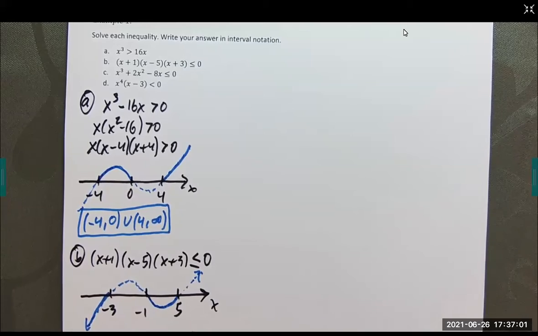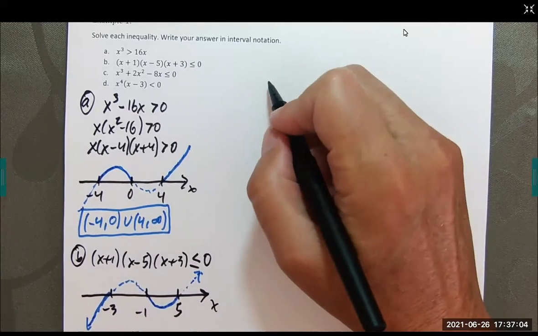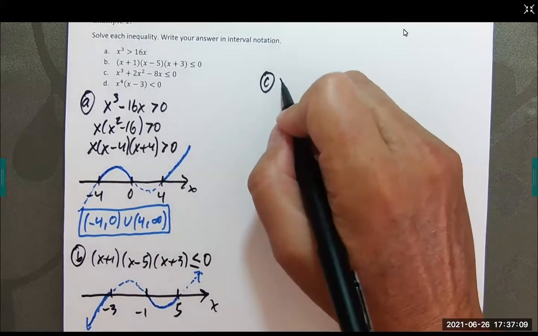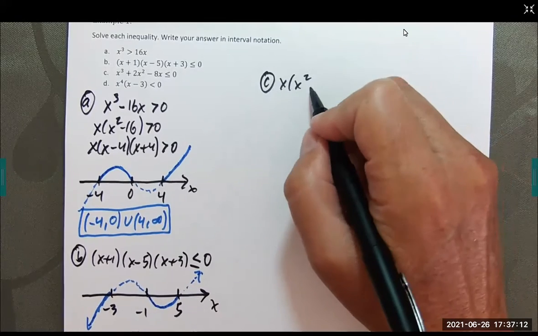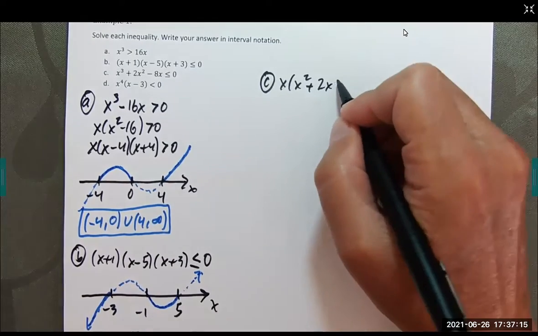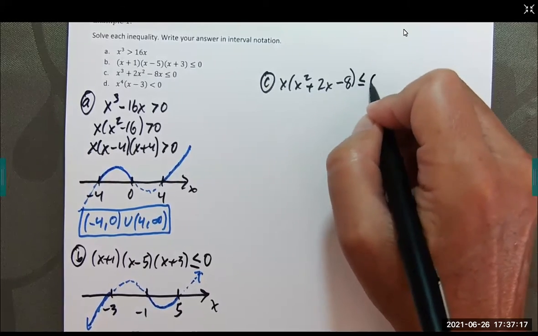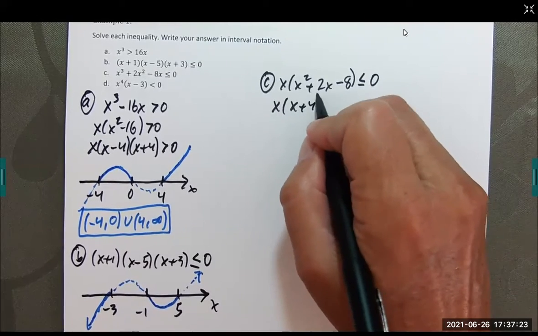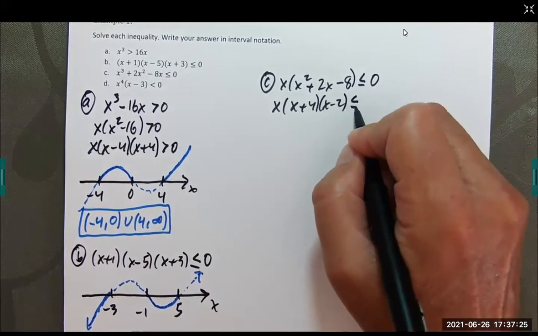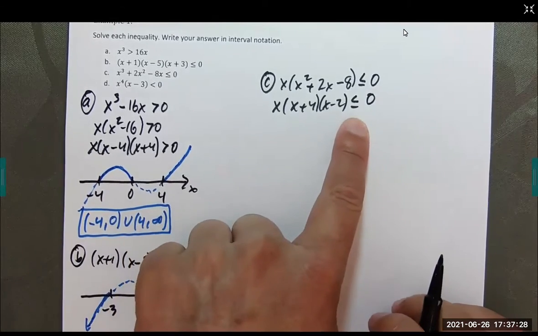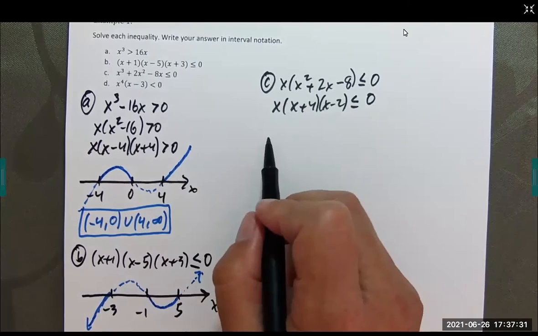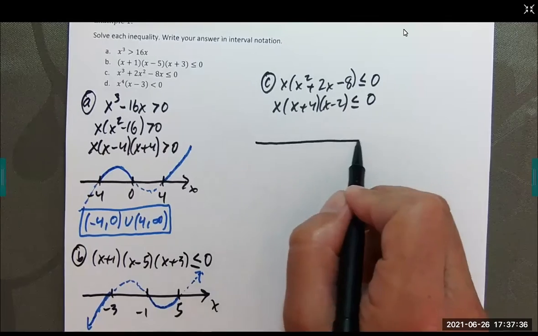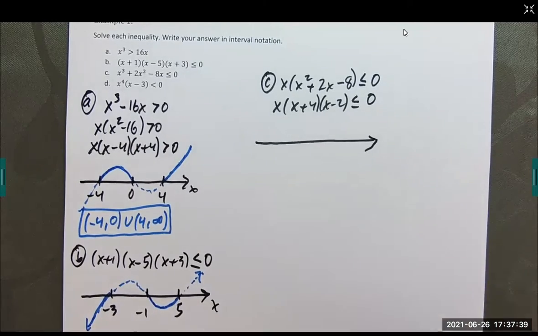All right. Part C will come back up here. Part C, we're going to have to factor this ourselves. Squared plus 2x minus 8. And continuing factoring. And once again, we want to know when it's less than or equal to 0. And this is once again a third degree polynomial with a lead coefficient that's positive.